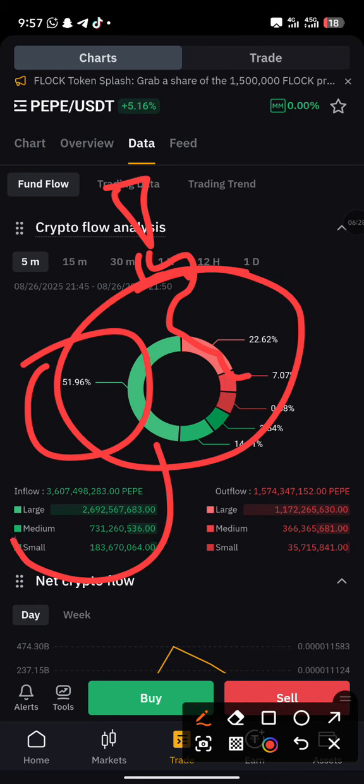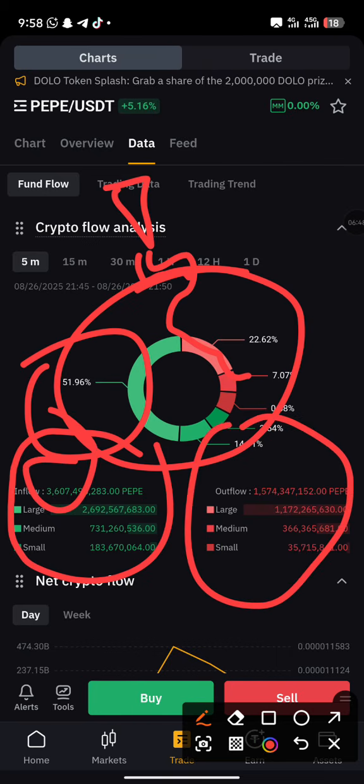So coming to this place now, the inflow is very encouraging. That is, the number of people who are currently diving into this particular market of pepecoin are very reasonable. This is over 3 billion. You can see over 3 billion.